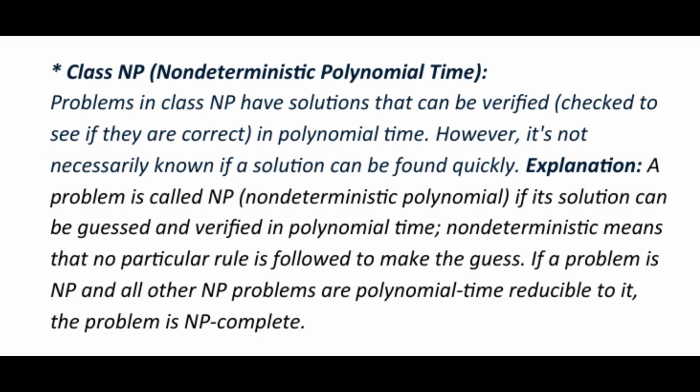A problem is called NP, non-deterministic polynomial, if its solution can be guessed and verified in polynomial time. Non-deterministic means that no particular rule is followed to make the guess. If a problem is NP, and all other NP problems are polynomial time reducible to it, the problem is NP complete.